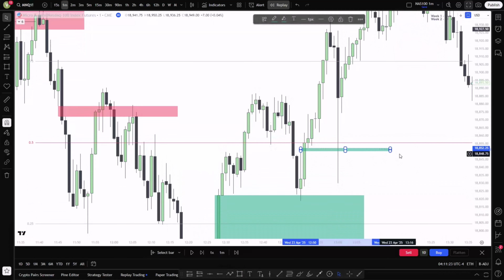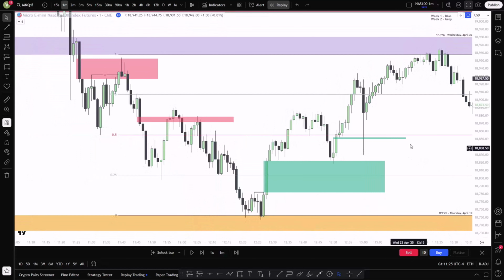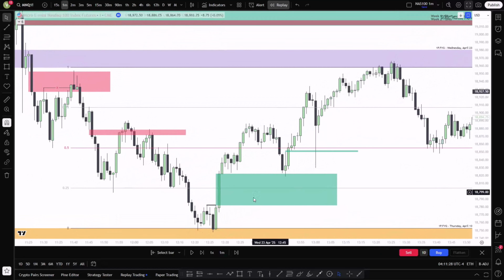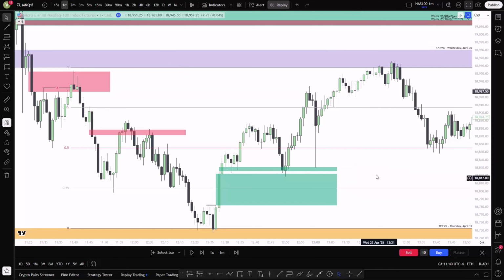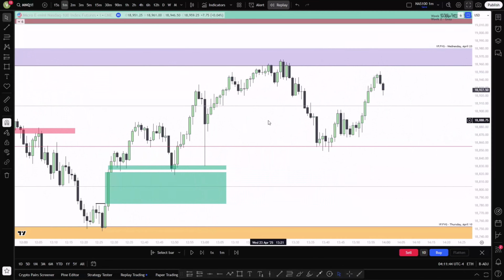It's actually really, really small. And you have actually another one right here. So let's use that one. That's what price referred to. Okay, then we go up and eventually close the full range.